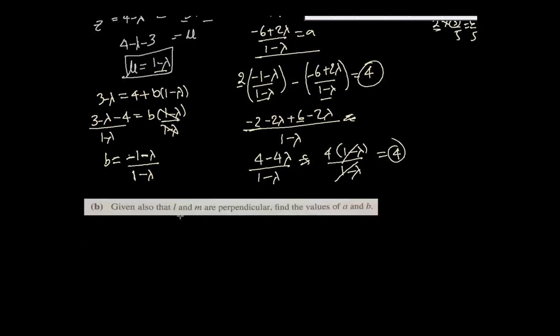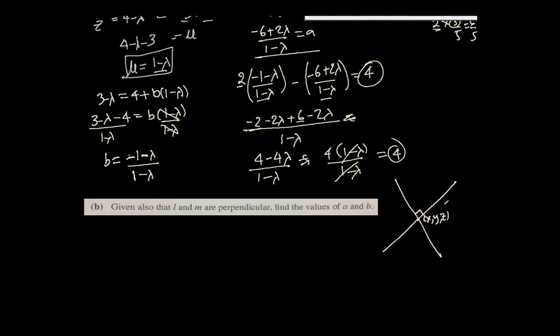Given also L and M are perpendicular, so they not only are intersecting, they are 90 degrees to each other. All right, this is the new thing, and we just assume that this was x, y, and z. All right, so find the values of a and b.